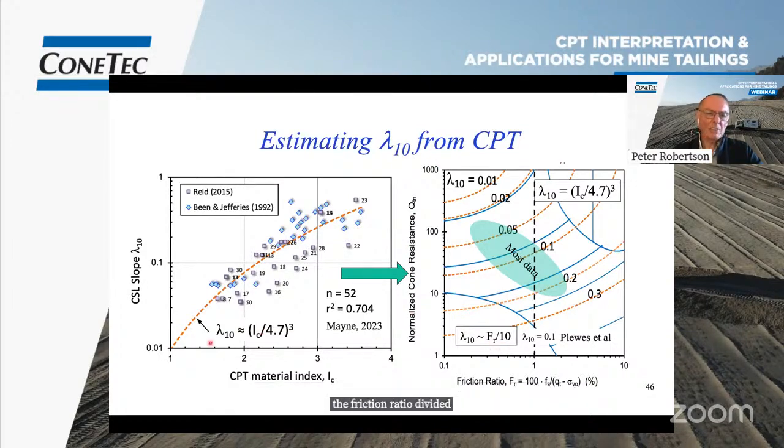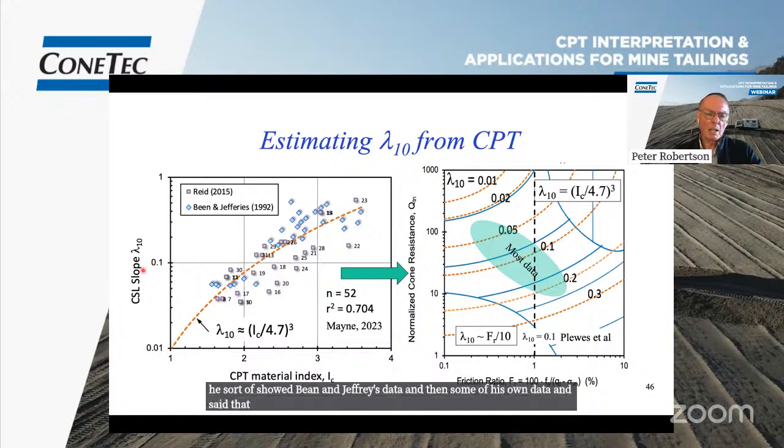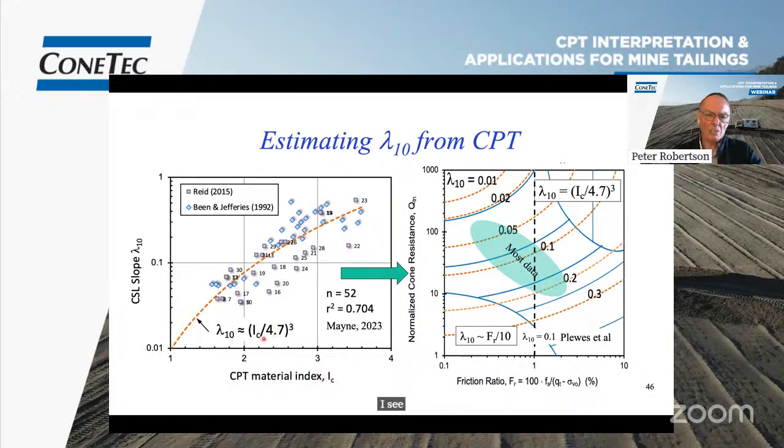And on the left-hand side here, David Reid gave an update. He showed Been and Jefferies' data and then some of his own data and said that there was a link between the slope of the critical state line and the soil behavior type index, Ic, and Paul Mayne had suggested a simple equation. And so here, the right-hand one's interesting. So Plewes's would just give a vertical line and say, well, the slope of the critical state is that vertical line.